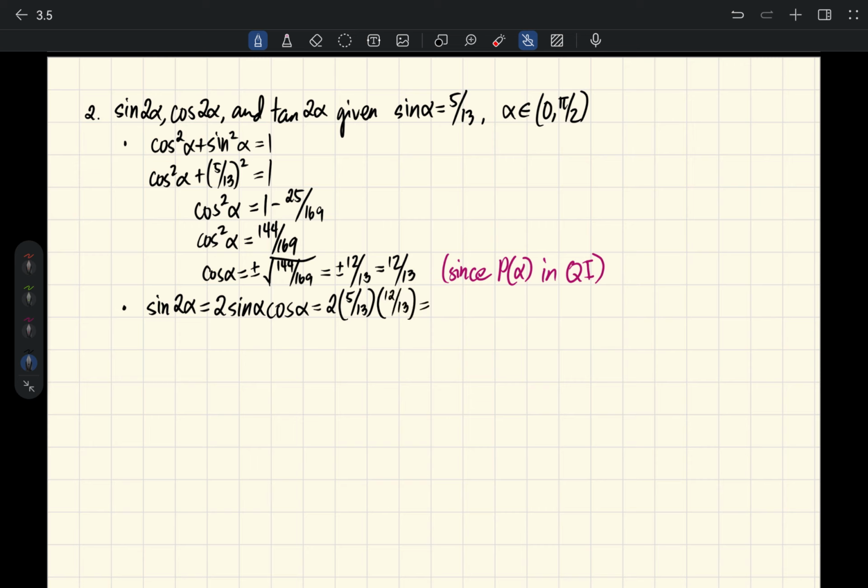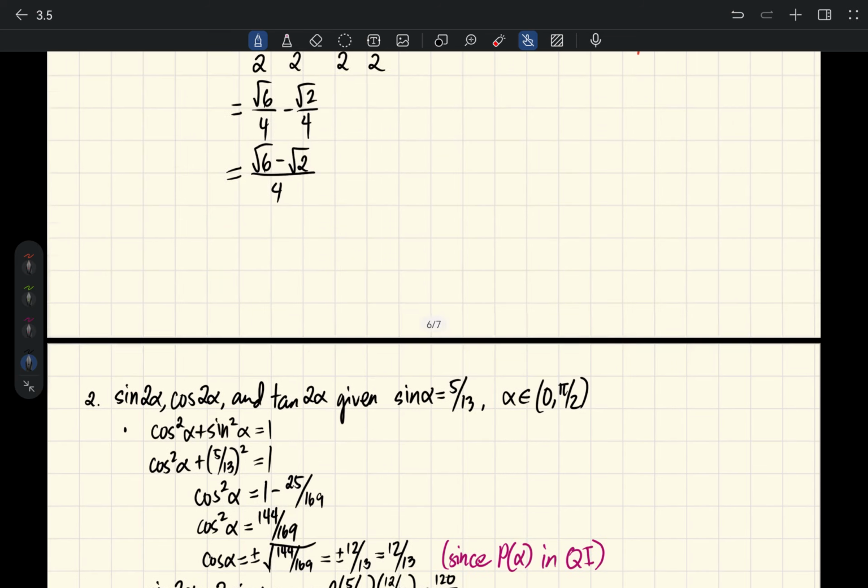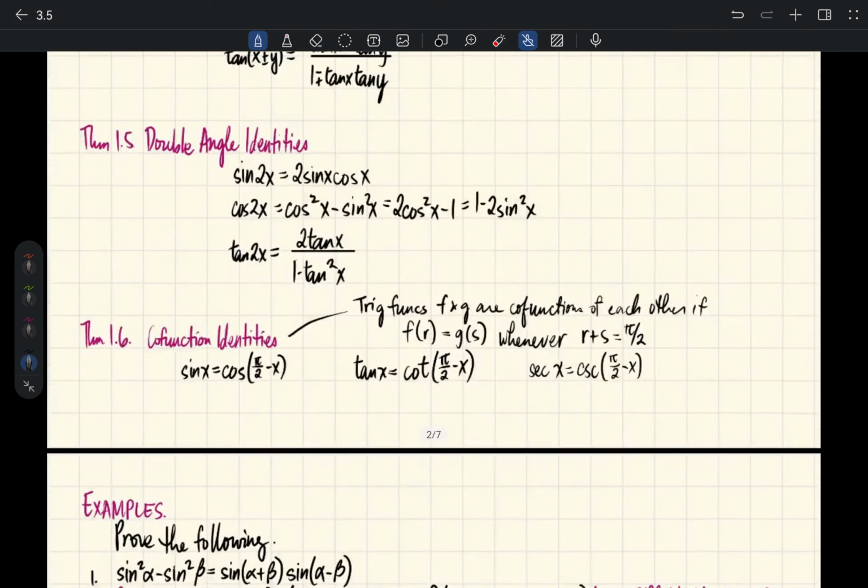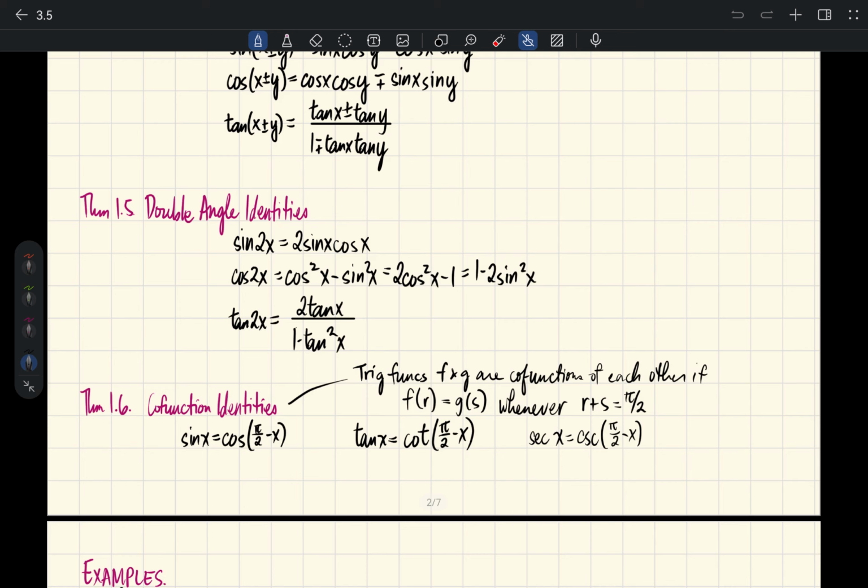So we have in the numerator 2 times 5, that's 10, times 12, we have 120. Then for the denominator, we have 13 times 13, that's 169. The next, cosine 2 alpha, we can use any of the three forms right here. I guess I'll just use the first one.